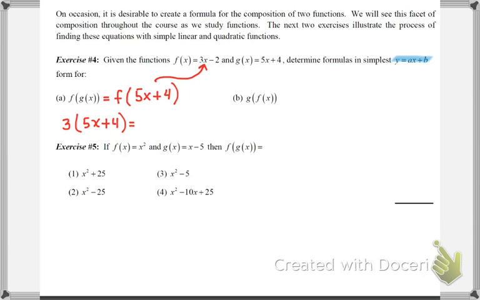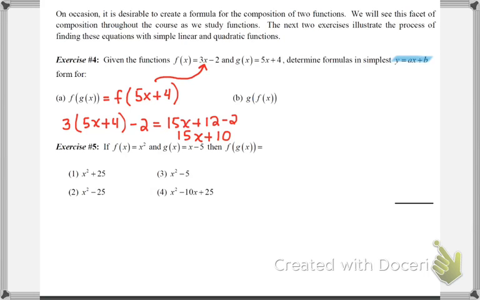We're going to distribute the 3 and then simplify. So it'll be 5 times x times 3 is 15x plus 12 minus 2 is 15x plus 10.